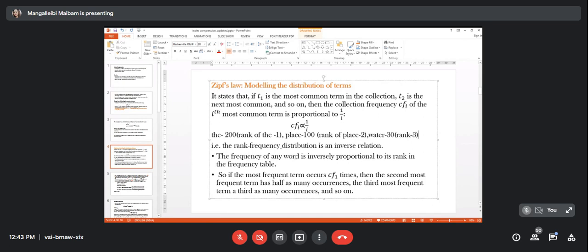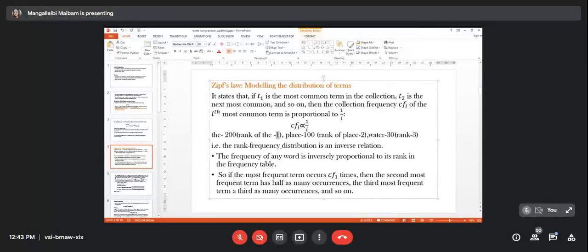So that is what is said here: the frequency of any word is inversely proportional to its rank. You can see here, you have 200 occurrences of "the" in the collection, and the rank is 1. So it is inversely proportional, because the more the frequency, the lower the rank.